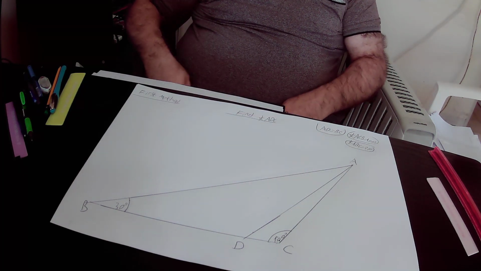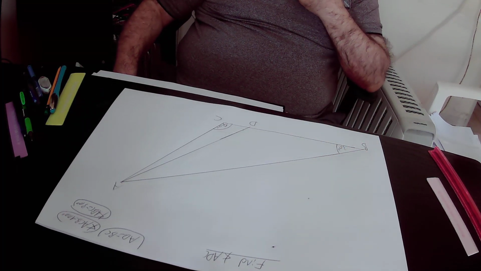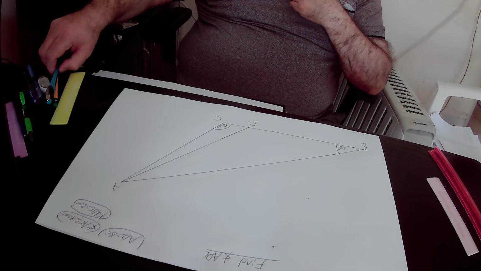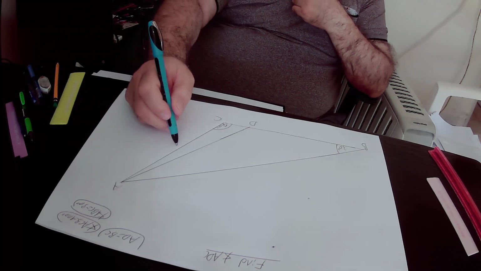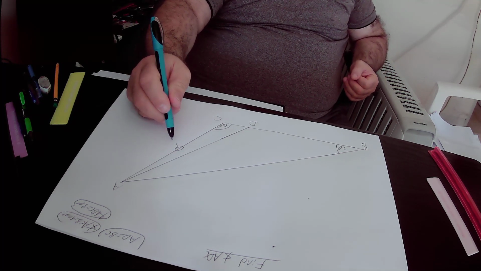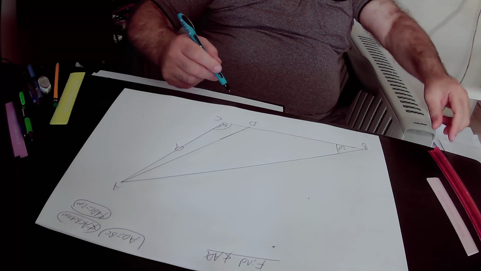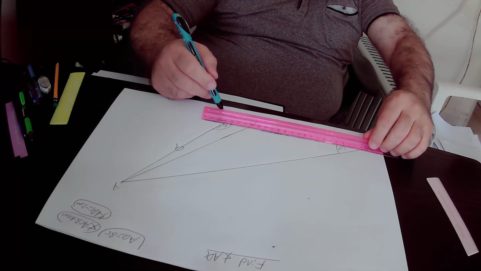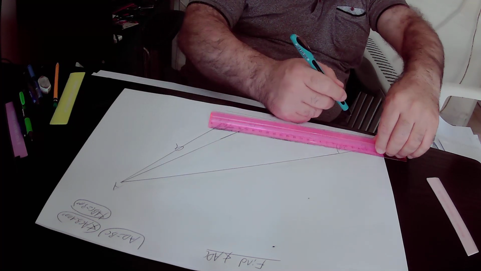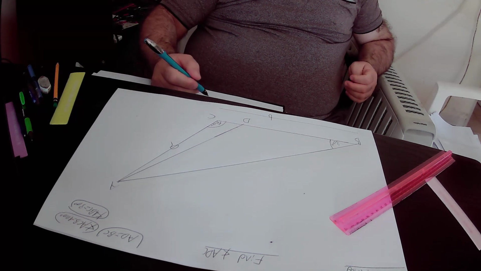So we'll start with the first method. In the first method, we will define side AC of triangle ABC as A, that is to say, the length of side AC is equal to A units, and we will define side BC of triangle ABC as B, that is to say, side BC equals B units in length.